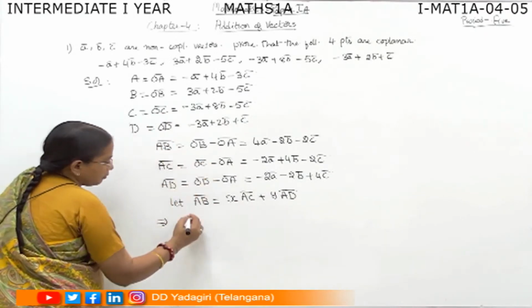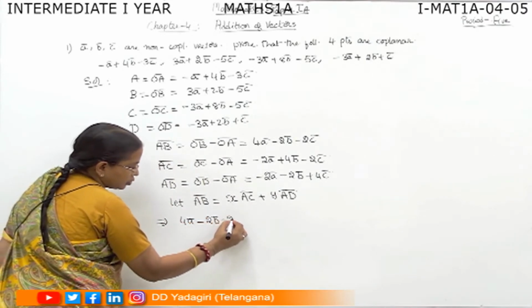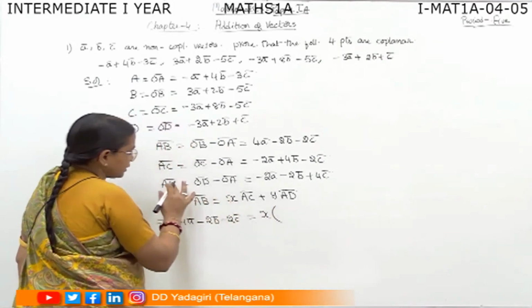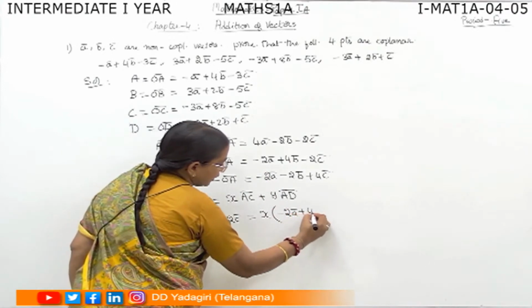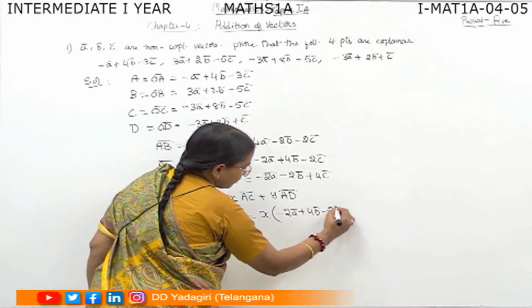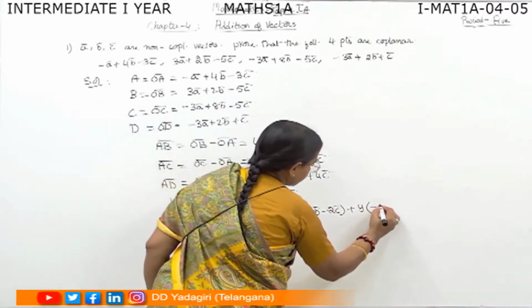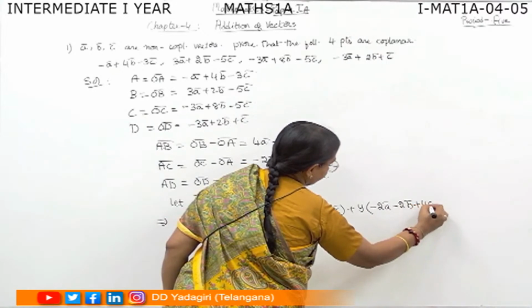AB, what is AB? 4a minus 2b minus 2c is equal to x into AC, AC is minus 2a plus 4b minus 2c, plus y into AD. AD is this vector, so minus 2a minus 2b plus 4c.